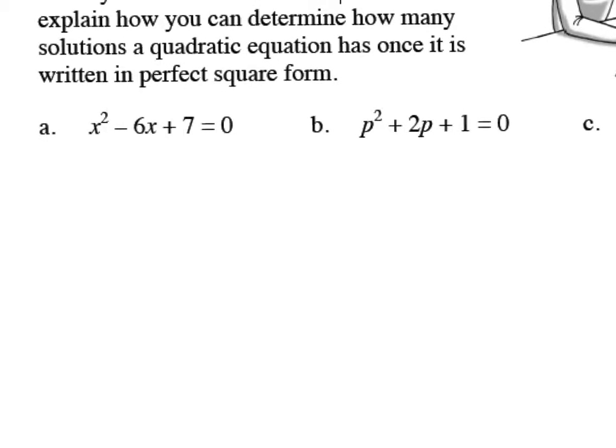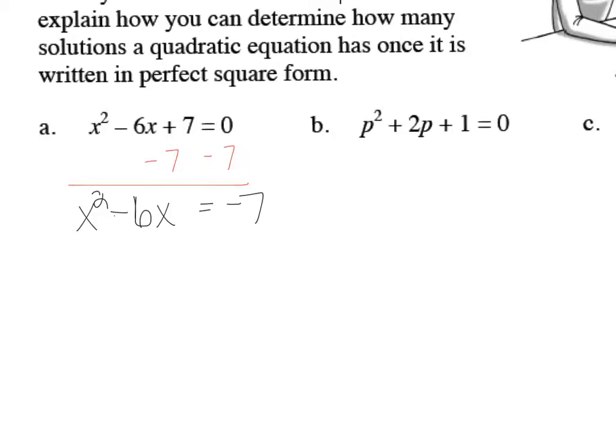All right, so to start off, we're going to subtract 7 from both sides on this equation and get it set up so that we just have x squared minus 6x equals negative 7.